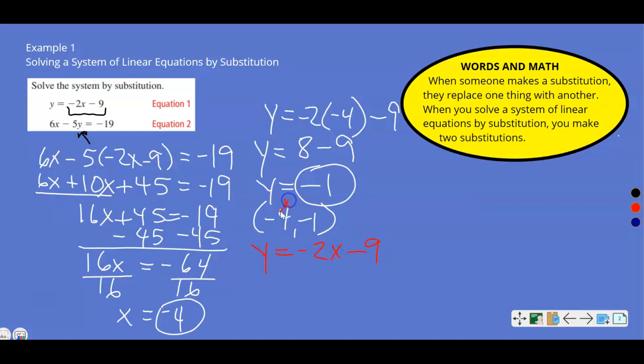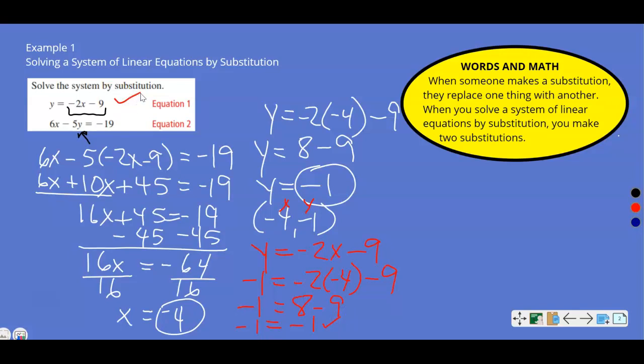Remember, this is our x and this is our y. So our y is negative 1. Does that equal negative 2 times negative 4 minus 9? All right, does negative 1 equal negative 2 times negative 4, which is positive 8? 8 minus 9 equals negative 1. So that one does work. So the solution works for the first equation.